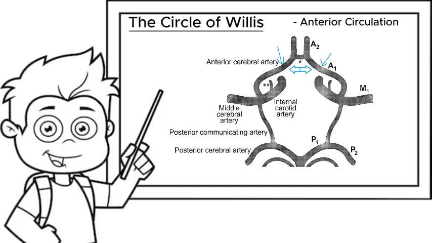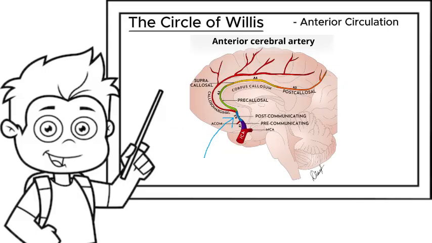The A1 segment originates from the internal carotid artery and terminates at the anterior communicating artery. The A2 segment starts from the anterior communicating artery, and then we have its bifurcation into the pericallosal artery and the calloso-marginal artery.